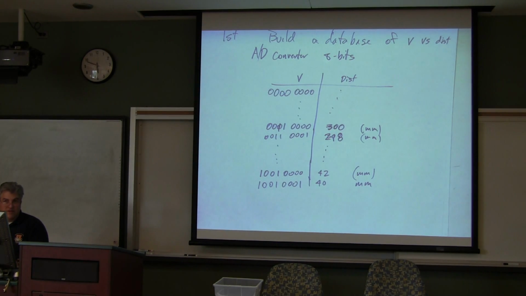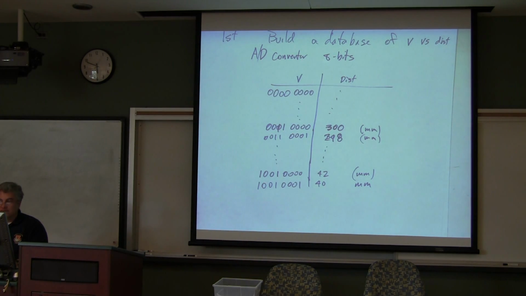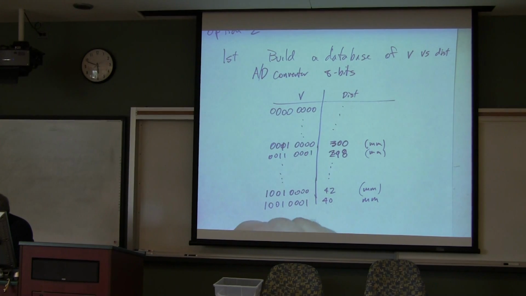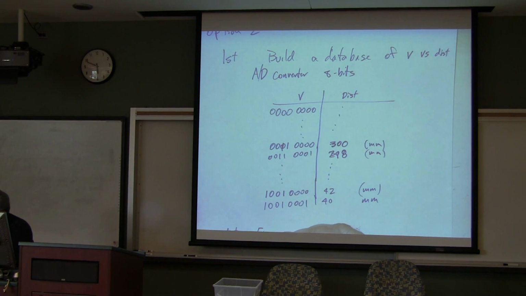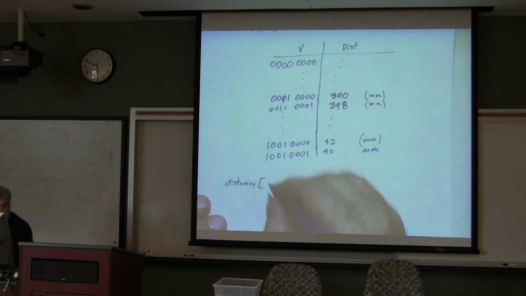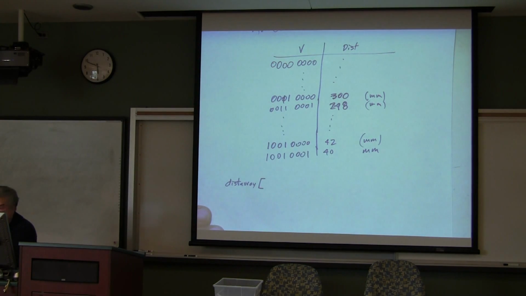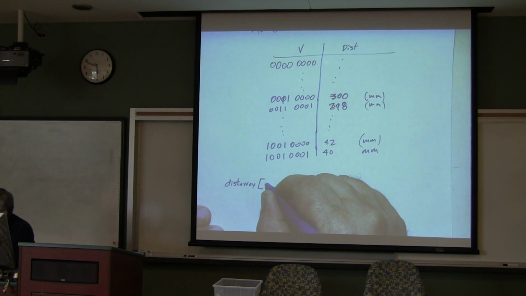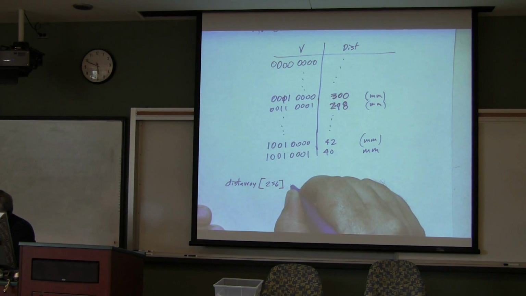All right, so you would say something like this array. If we have 2 to the 8th, that's how many different values? 2 to the 8th is what? 256.